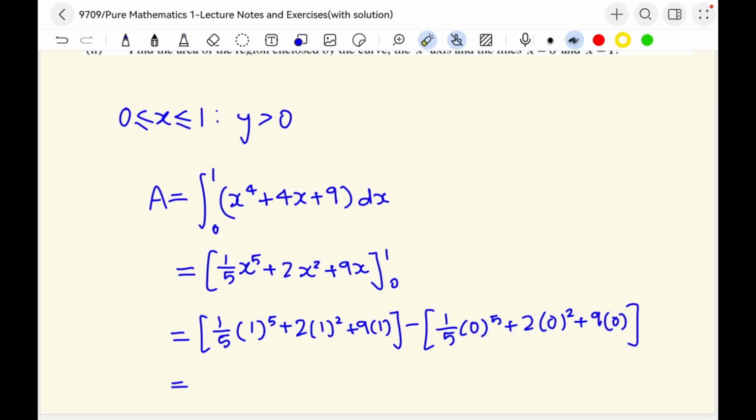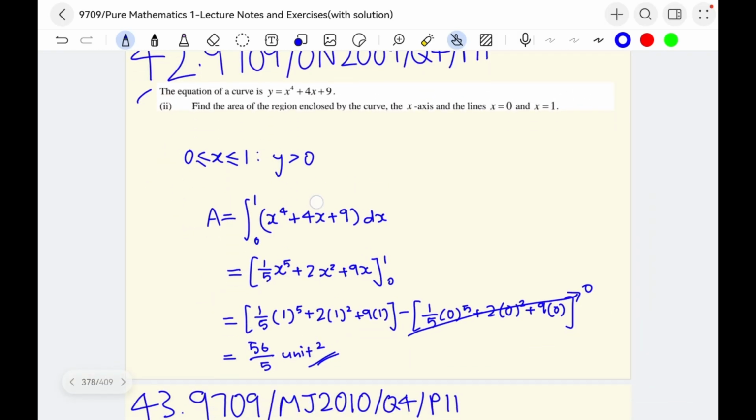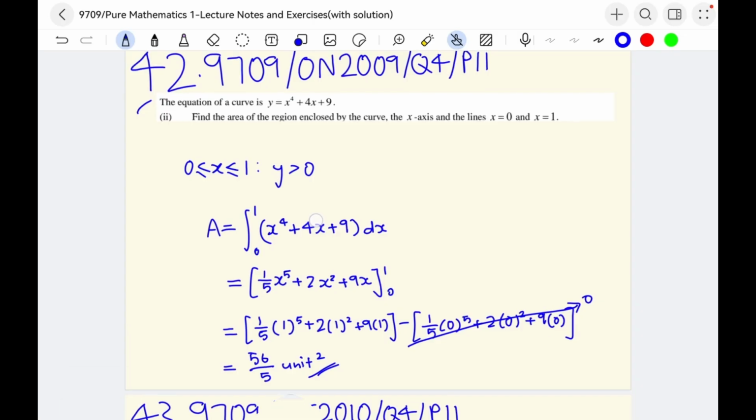Okay, for this, because each term is dependent on x, that means for the 0 limits, we can cancel out each other, since the multiplication of each term will get 0. So you will get a positive answer, which is 56 over 5 unit square as the final answer for the area of the shaded region. Okay? So yeah, let's move on to the next question.